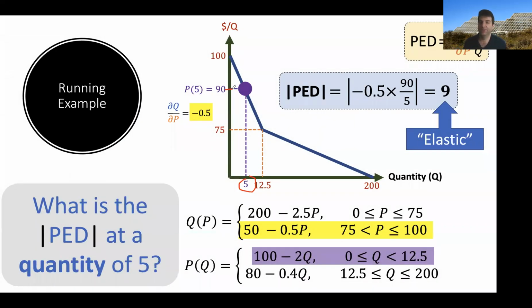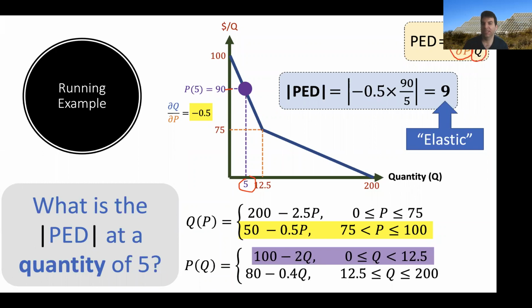Are there questions about those two examples of how you calculate PED for a complex curve like this one, given either price or quantity? And you just have to remember that you're looking for the slope of a tangent line at a point, and you're looking for that point.